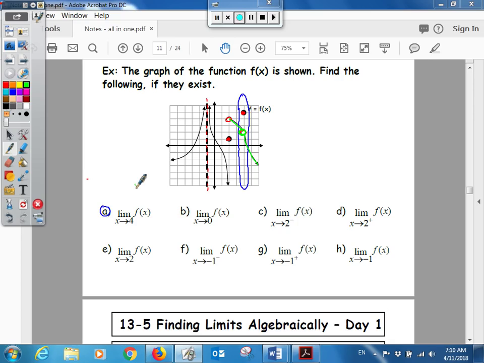Notice that the function is actually defined up here where this point is, but that's not where the y value is approaching. The y value is approaching where this hole is. So the limit of that function is the y value it's approaching, where the hole is, which is equal to 2.